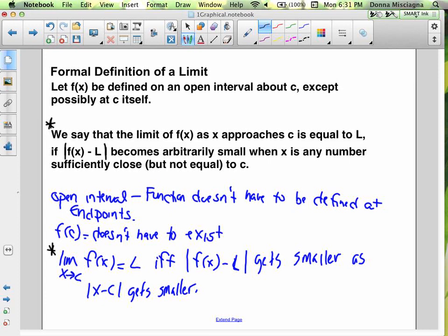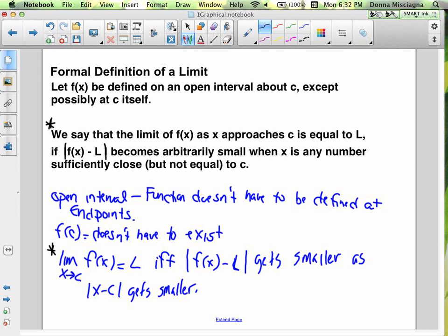All right, so the limit of f of x as x approaches c is equal to L if and only if the absolute value of f of x minus L, in other words, the difference between the function and the limit, gets smaller and smaller as x minus c, in other words, the difference between any x and our given x.